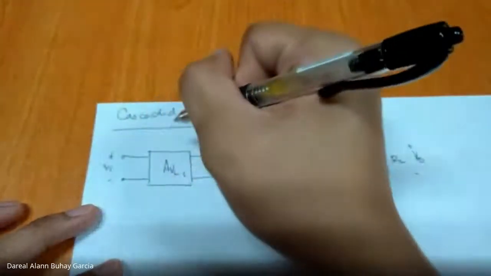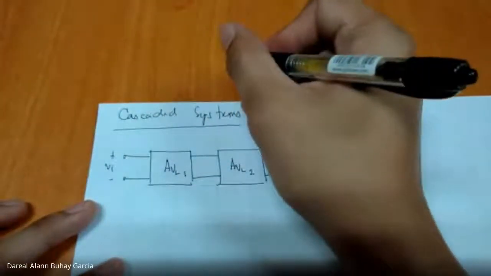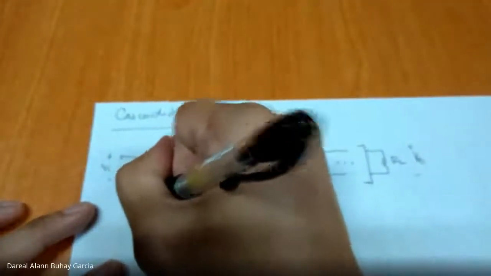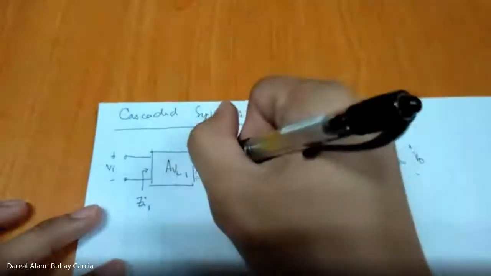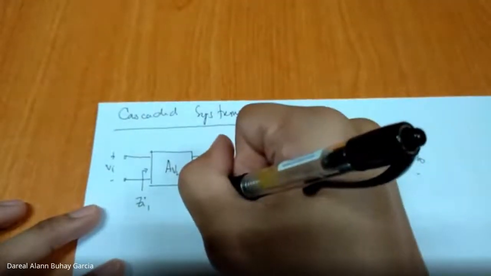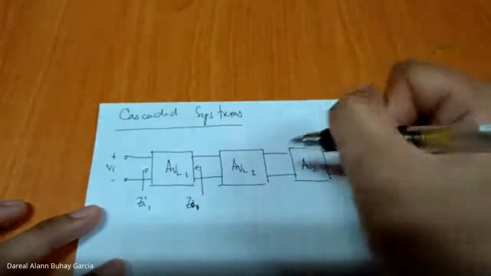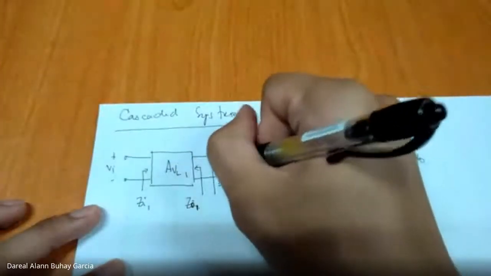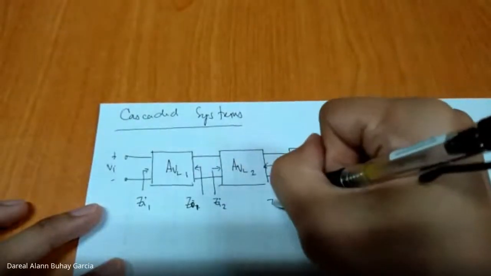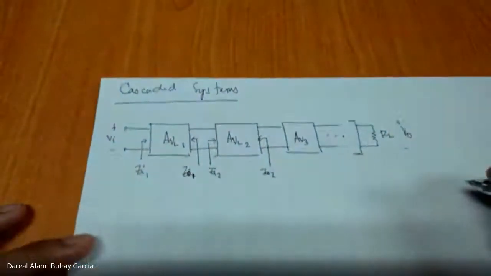And of course they have their own impedances: ZI1, ZO1, ZI2, ZO2, so on and so forth.